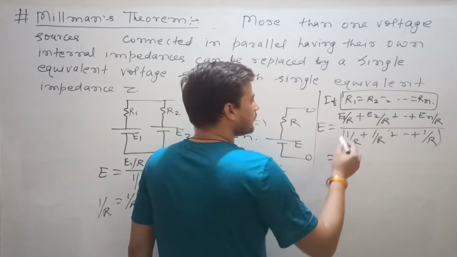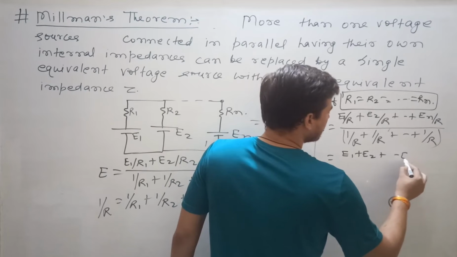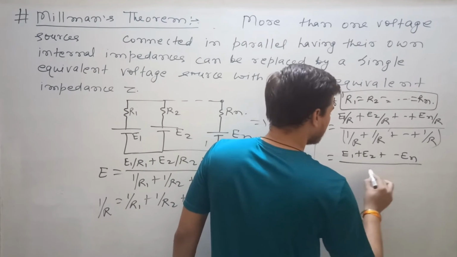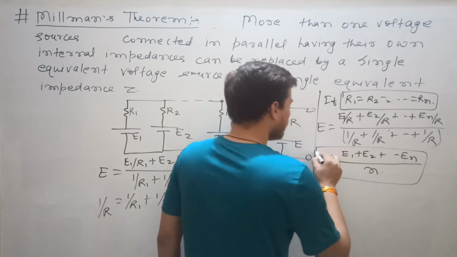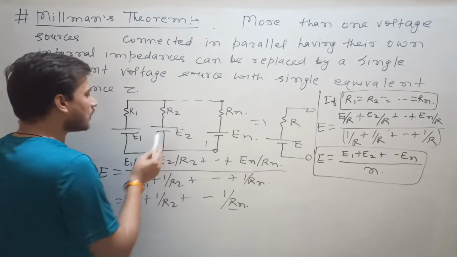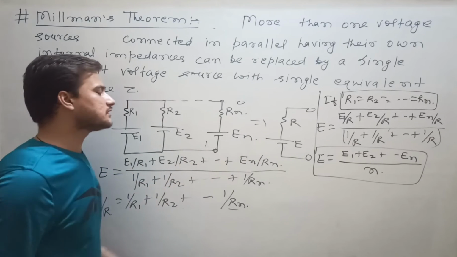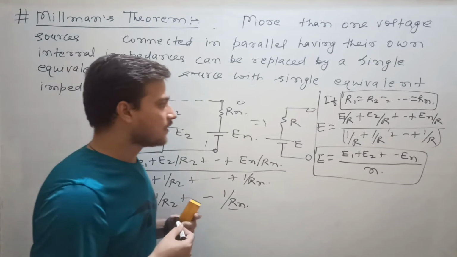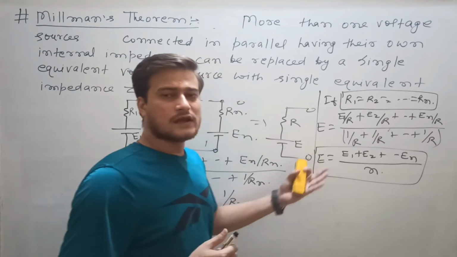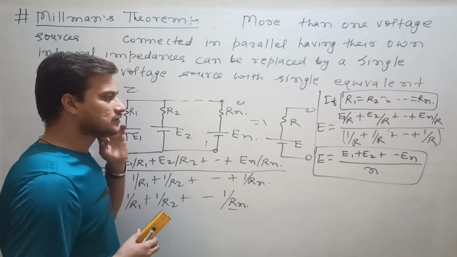So here it will be E1 plus E2 plus up to En divided by n. That means if all the resistances are equal, then the final Thevenin's voltage will be the average of all the voltage sources.